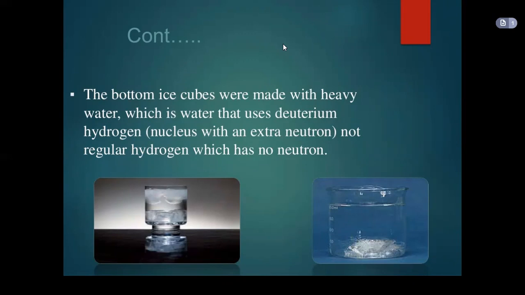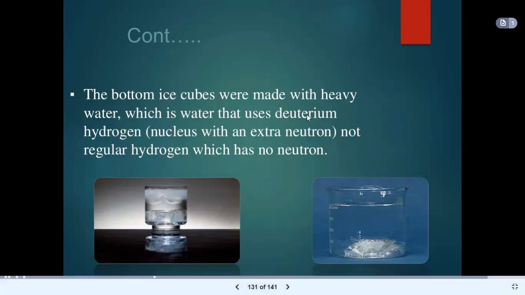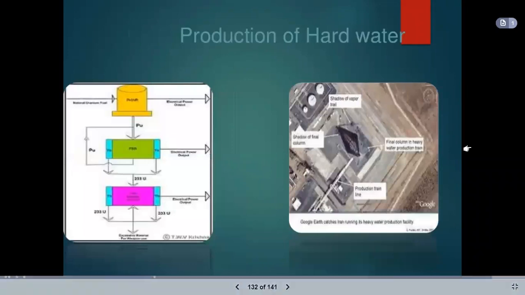But when we form D2O, why is it called D2O? Because we are taking deuterium, which has a neutron in its nucleus. We are taking that hydrogen in which we have deuterium, which consists of neutrons.